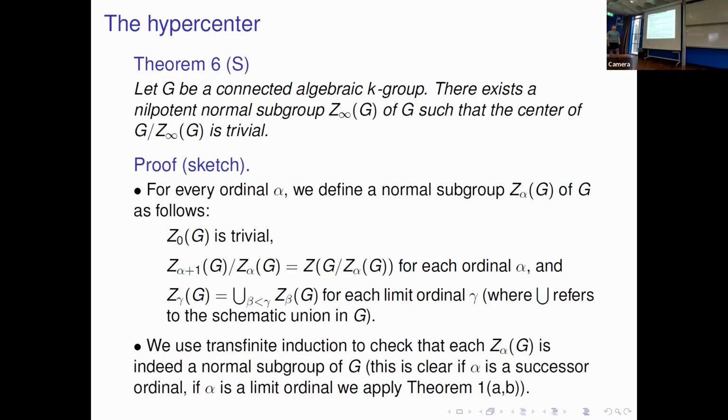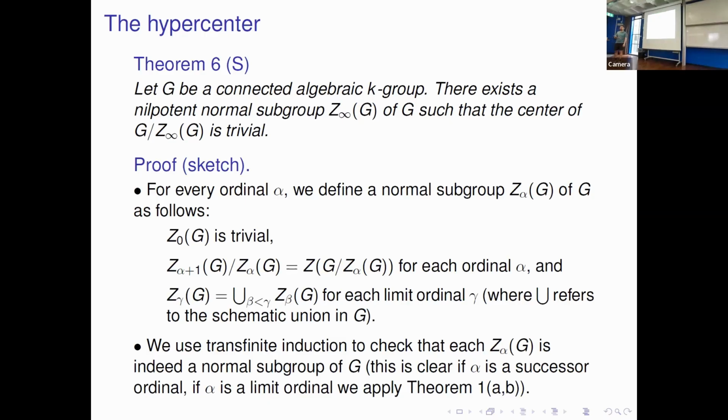For the alpha plus 1 center, you take G, mod out by the alpha center, take the center, and then pull it back under the projection map, and you get the alpha plus 1 center. For example, you take the center ZG. How do we get the second center? You take G mod ZG, and then take the composition of both these maps, and the kernel of this composition.